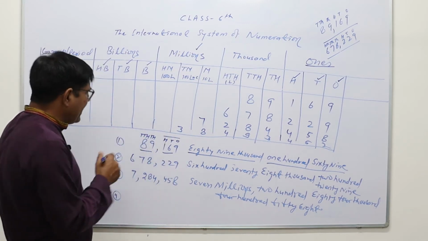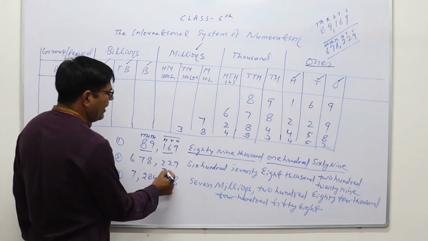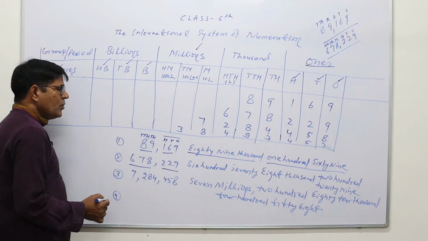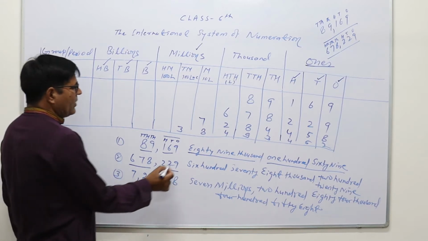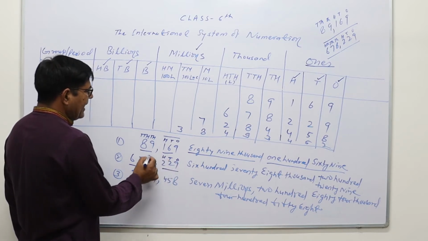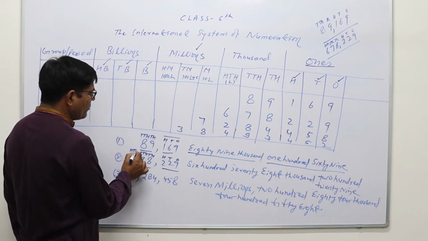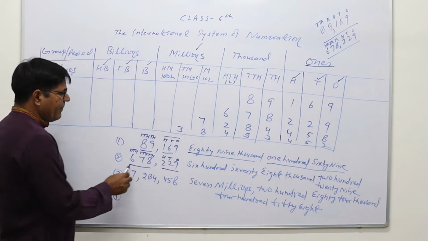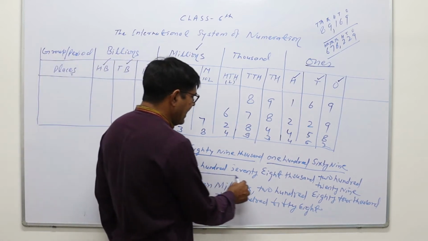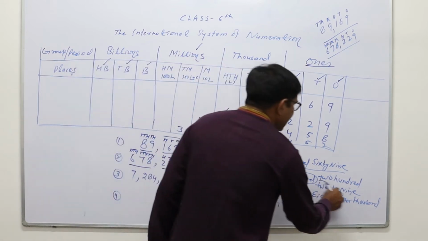But if the number has a maximum of 6 digits, then the first 3 digits belong to the ones group and the next 3 digits belong to the thousands group. So how will we read out this type of number? It will be ones, then tens, then 100, then 1000, then 10,000 and then 100,000. So it will be read out as 678,000, 678,229.